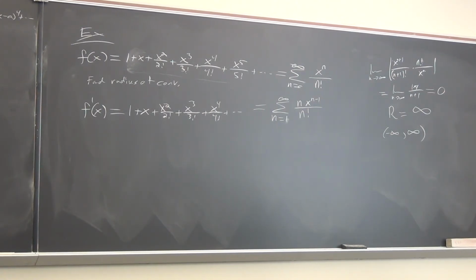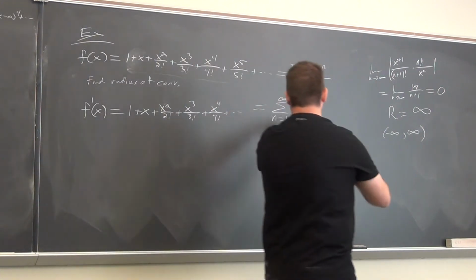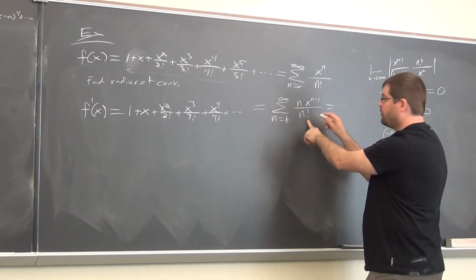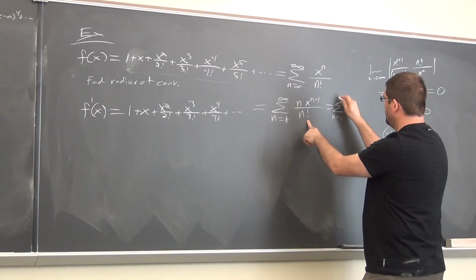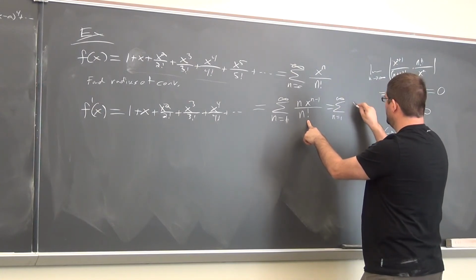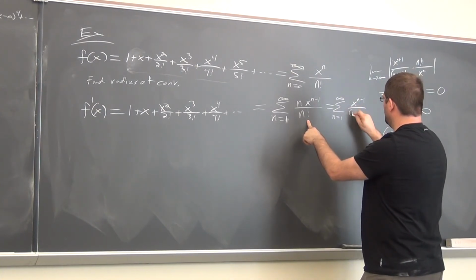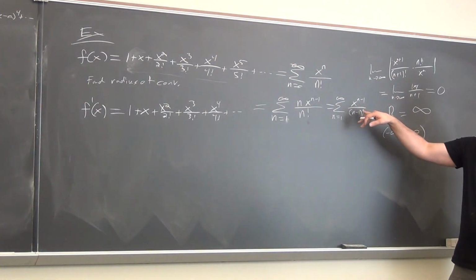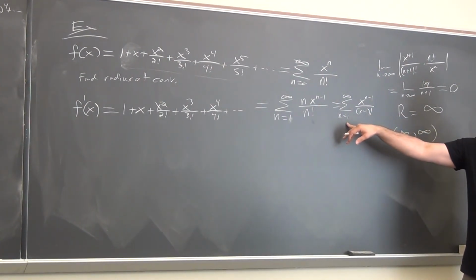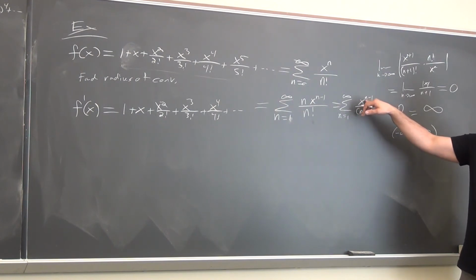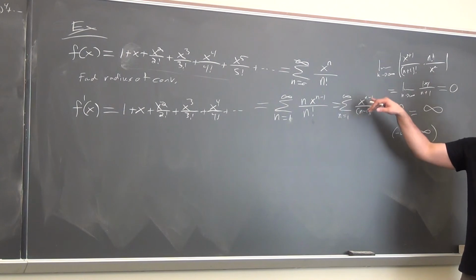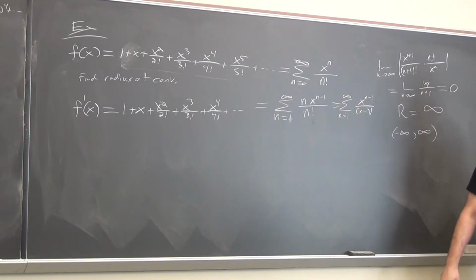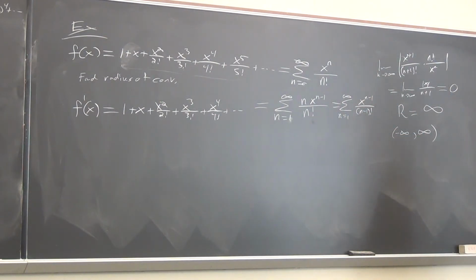If you cancel the n and the n factorial, you'll get the sum from 1 to infinity of x to the n minus 1 over n minus 1 factorial. Again, maybe it looks different on the surface, but that's the same thing, because if you plug in 1, you get 0 for your n minus 1. You plug in 2, you get 1. 3, you get 2. So it's the same thing, just written in a slightly different form. That make sense?